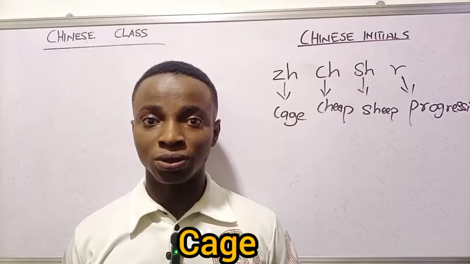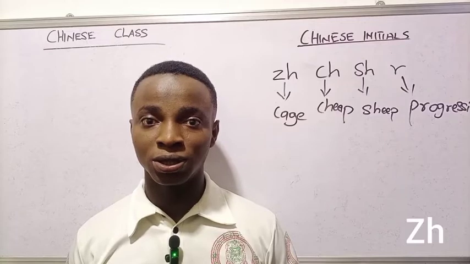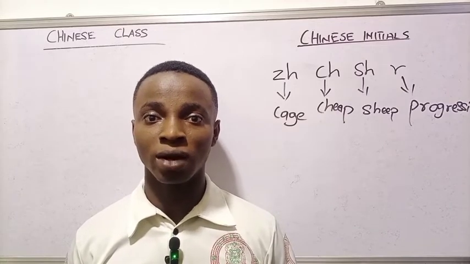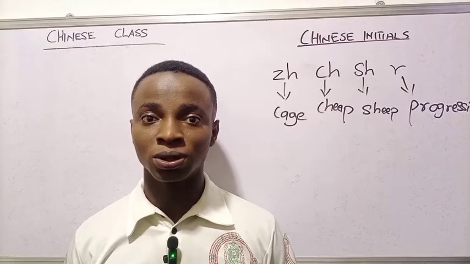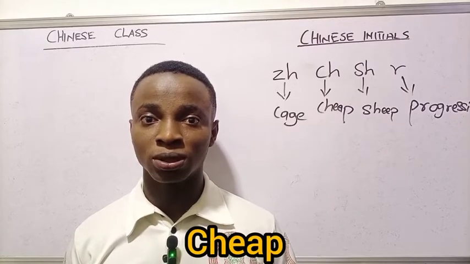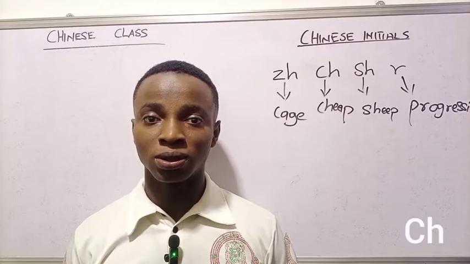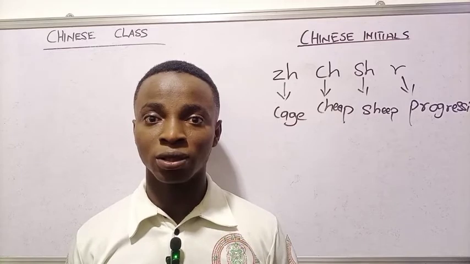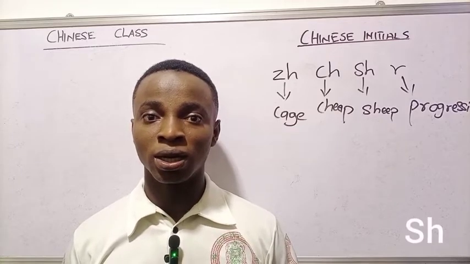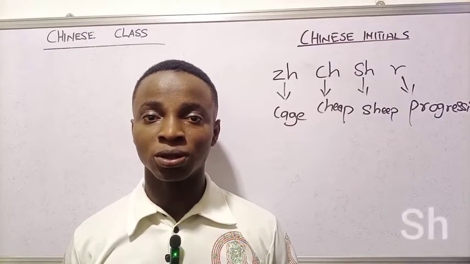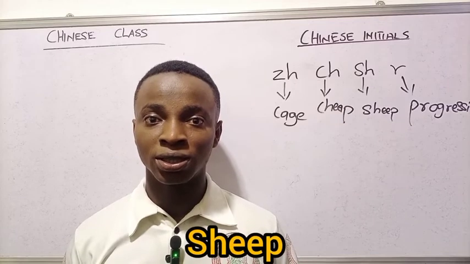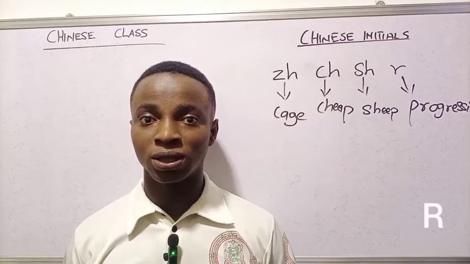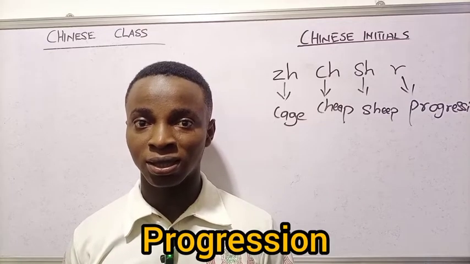The first one, cage, cage. The second one, cheap, cheap. The third one, sheep, sheep. And the last one, progression, progression.